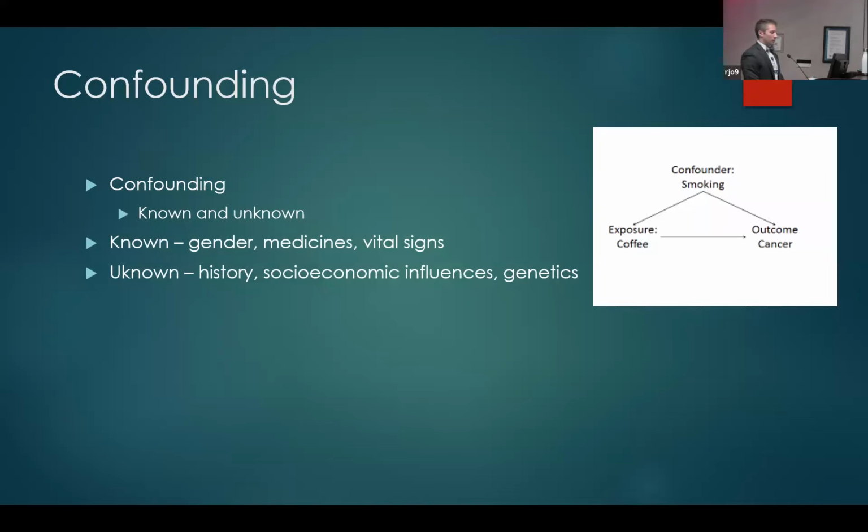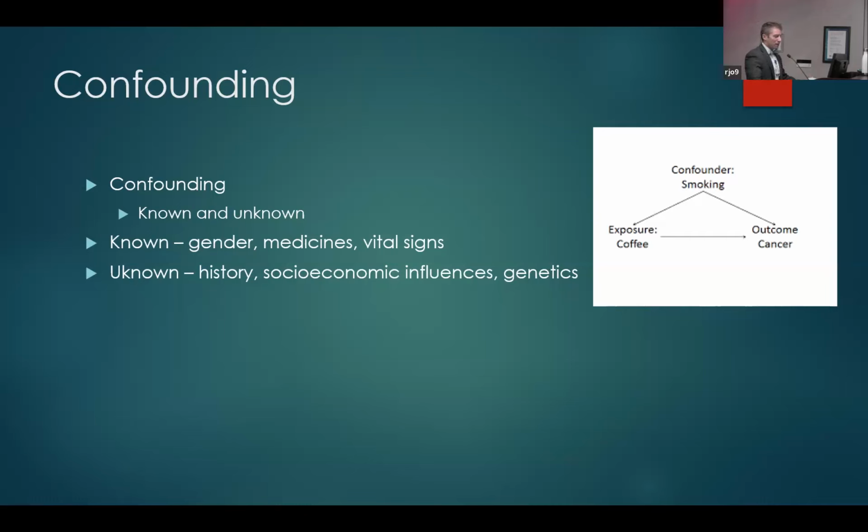But the problem with retrospective analyses or other non-randomized studies is that you can't control for what you don't know about, which is many things, it turns out, that may be contributing to the result you're interested in. So the history of the patient, what socioeconomic factors influence them, what diet they had in high school, like me, where they just ate pizza and Hot Pockets. Those things are not accounted for in retrospective studies, and they could have an influence.